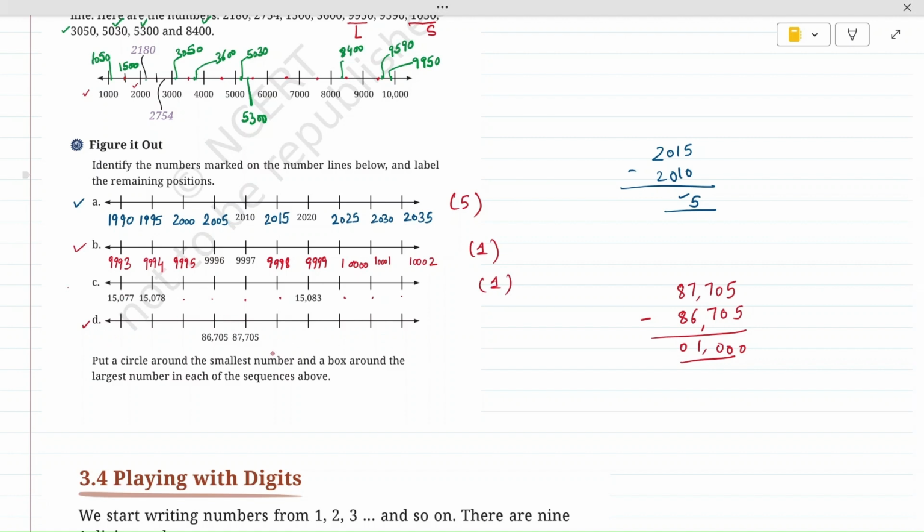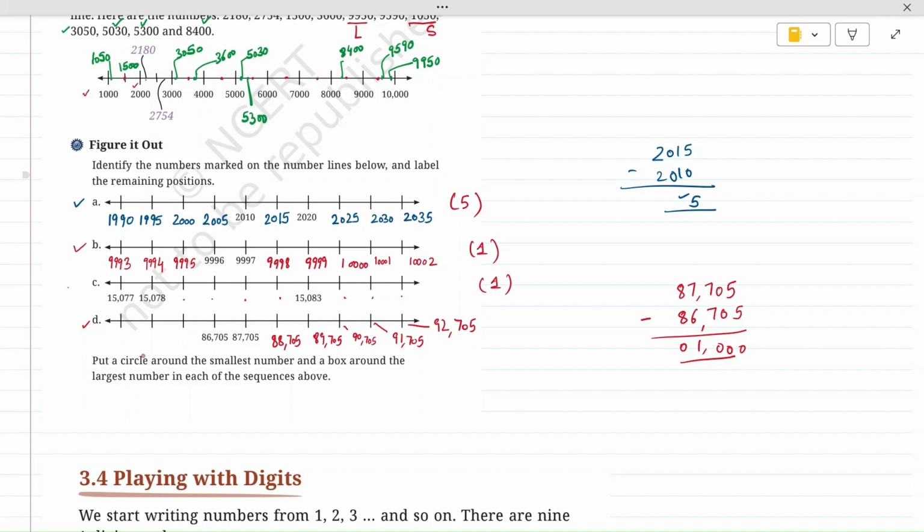So let's start. This is 86705, 87705, 88705, 89705, then 90705, 91705, and the last one is 92705. We are adding 1000 in every interval, for every number.